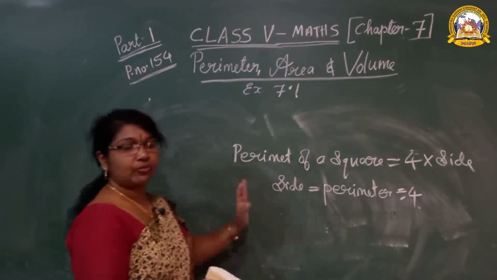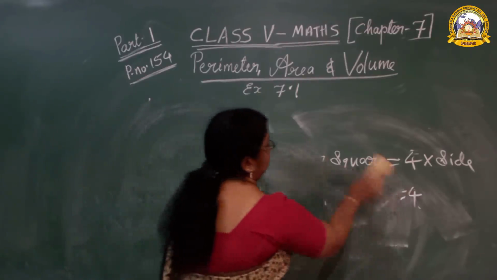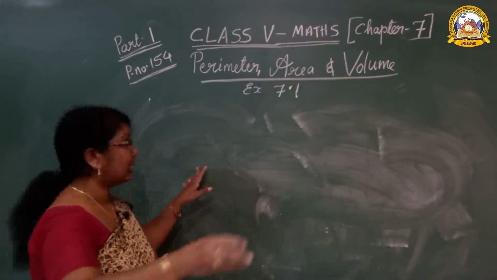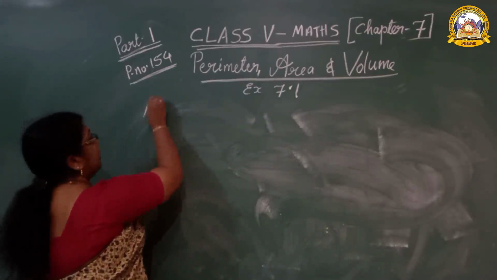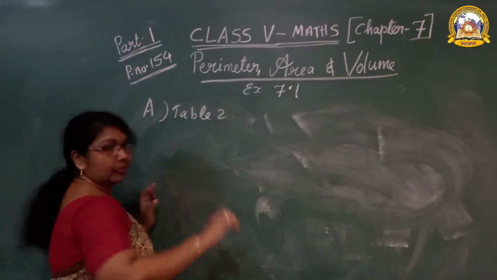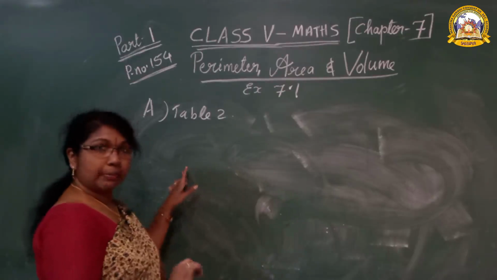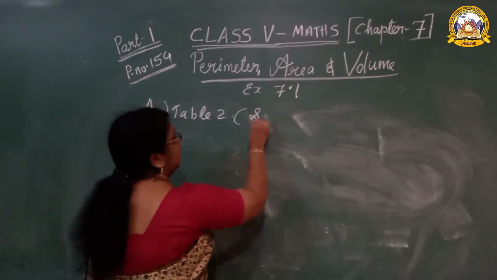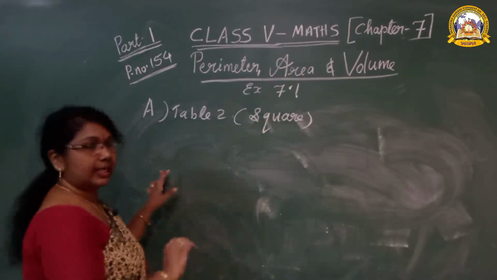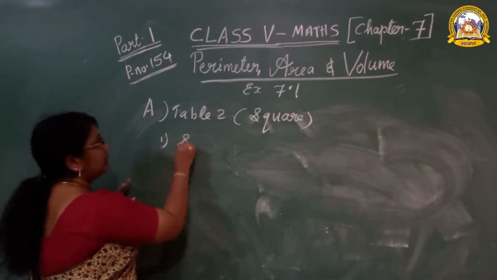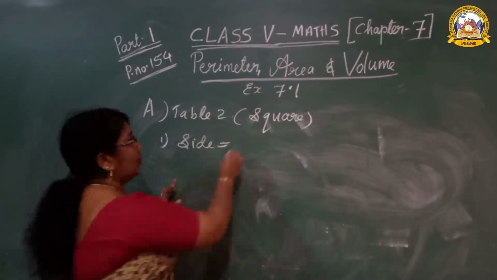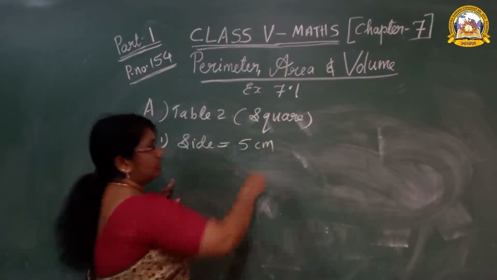Now we can solve the second table. Exercise 7.1. A table about rectangle. Then the same, table 2. Table 2, look here. Table 2 is about square. Then one side is given. Question number 1. One side is given. What is the measure of one side? One side is 5 centimeter.